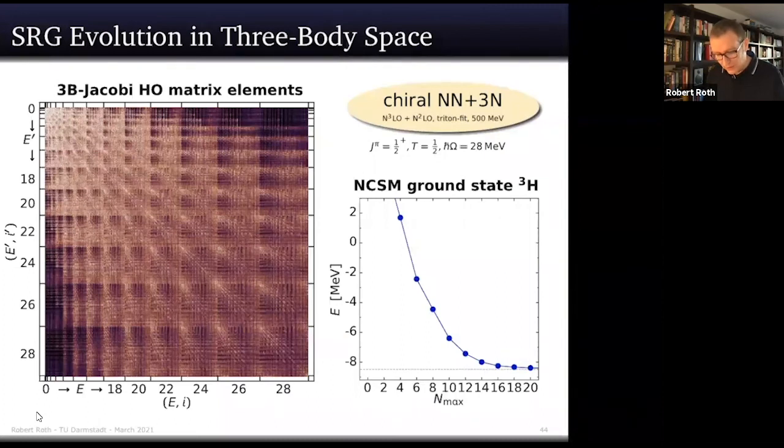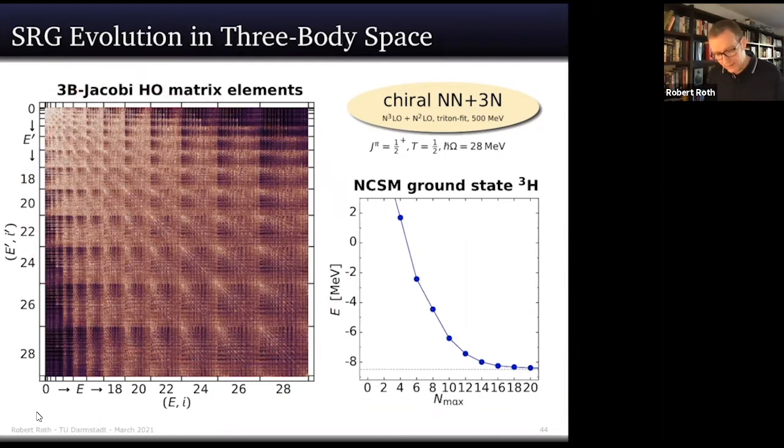We start from matrix elements of our interaction in a three-body harmonic oscillator basis. And again, I stick to these relative coordinates. So this is the Jacobi harmonic oscillator basis that I briefly mentioned before. And I plot here the full interaction piece of the Hamilton matrix. And it looks nice. You see this kind of block pattern.